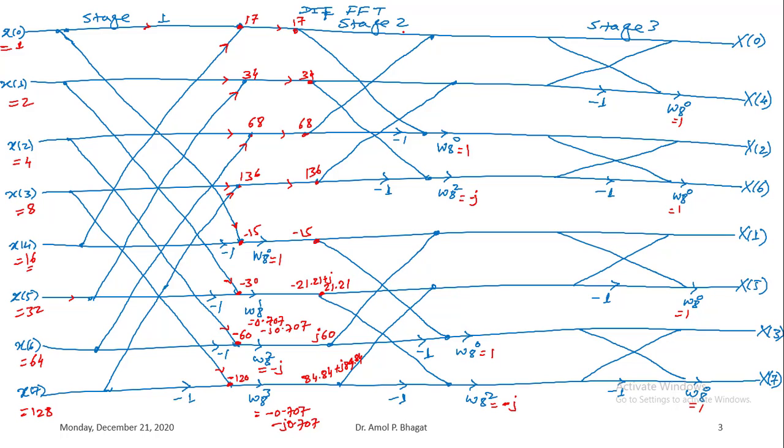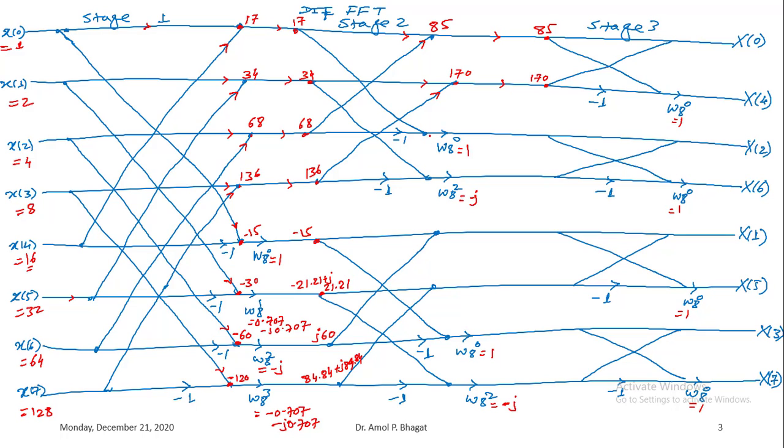So this 17 is coming here, it is from this side, this 68 will be coming, so 68 plus 17 will be 85, okay? This will go here as it is, right? 85. Then similarly from this side 34 will be coming, right? Then 136, so 34 plus 136 will be 170. This 170 will go here, right?